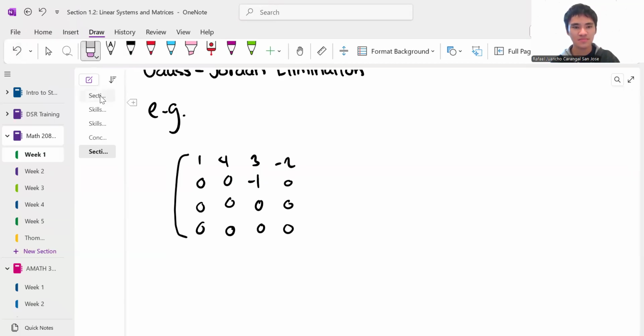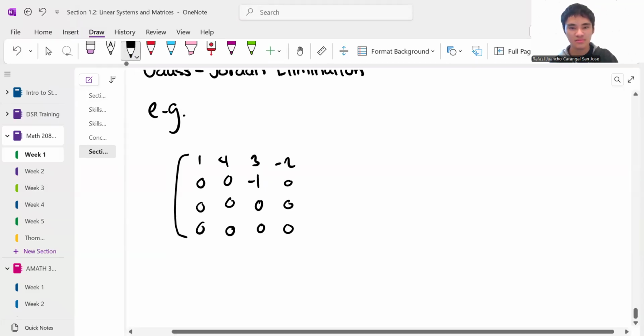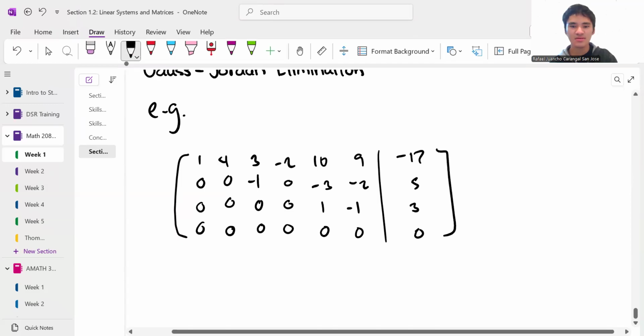Oh, that's fine. And then we have -3 1 0 9 -2. Oh, so many. 0. And then to the right of that vertical bar, you have these constants.